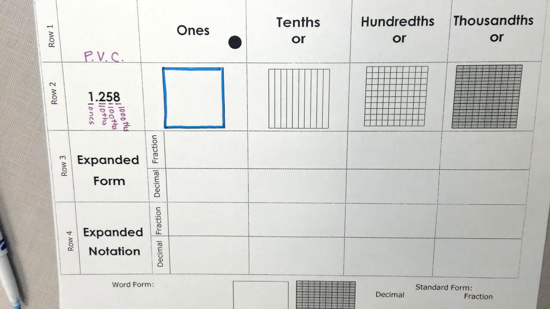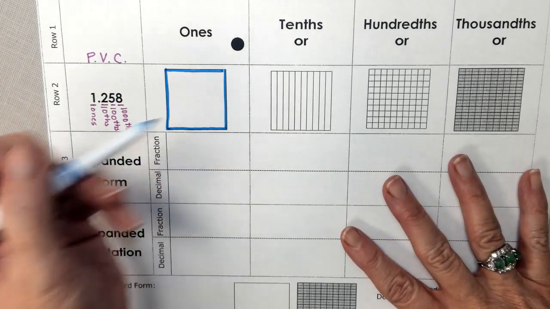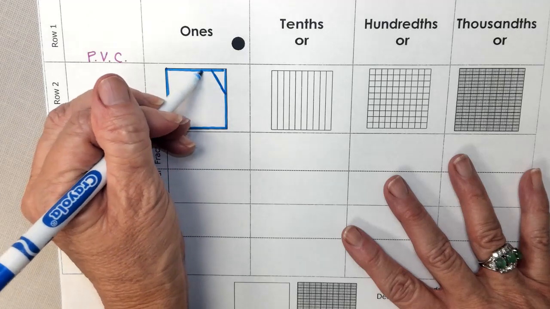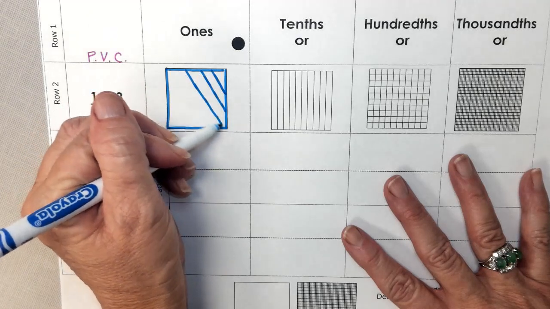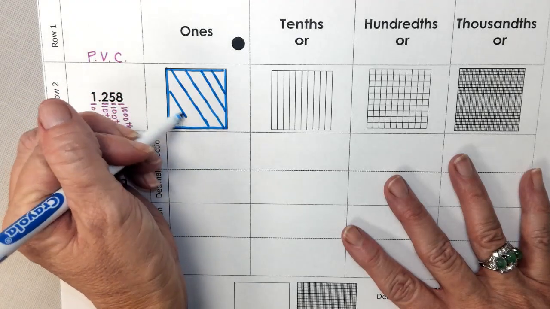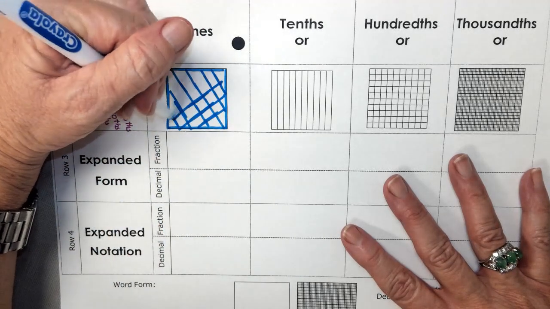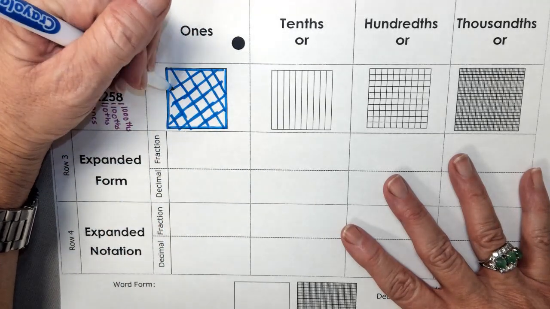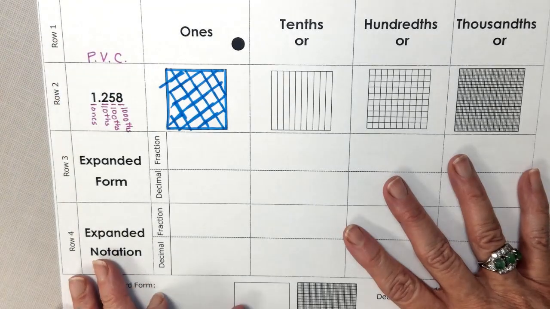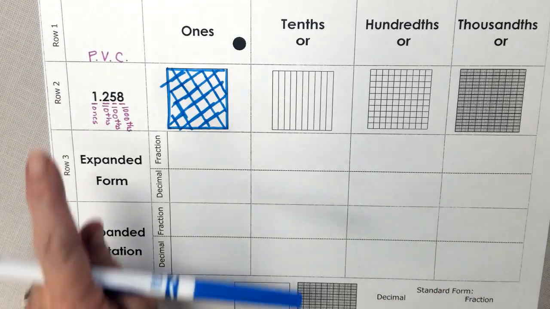I had a blue crayon here. I don't know what happened to it. I guess I'll just shade in this direction. All right, that represents the whole number 1.